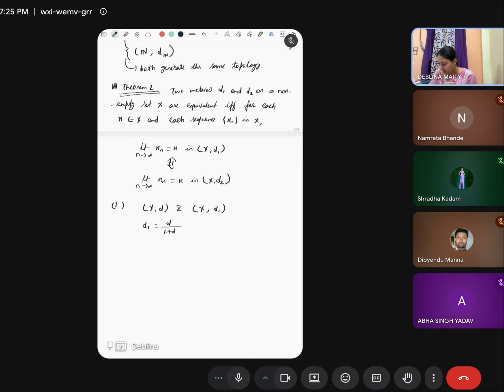It is clear that d1(x,y) equals d(x,y) by 1 plus d(x,y).